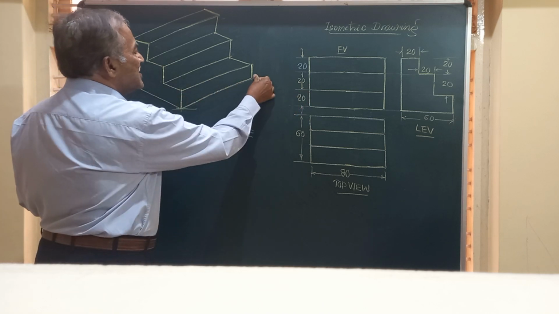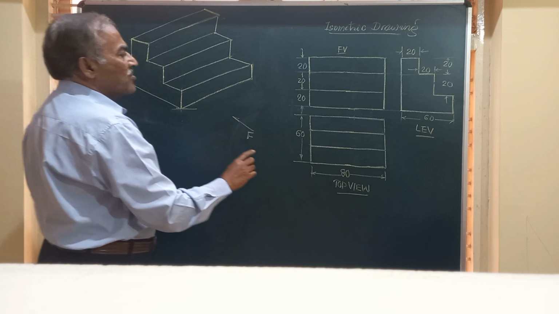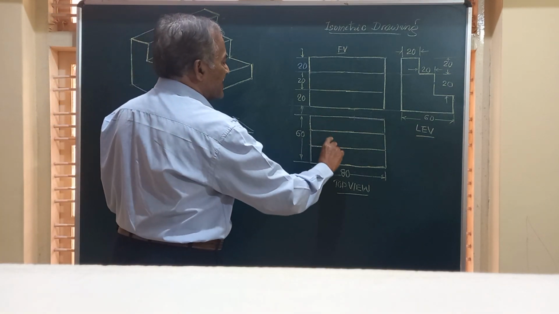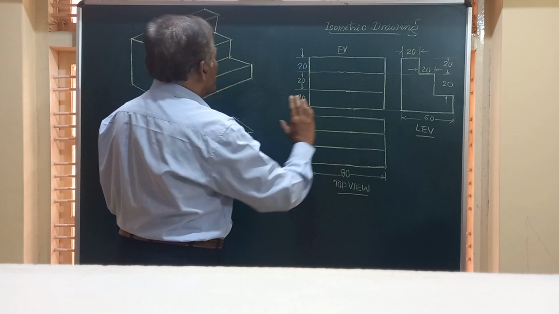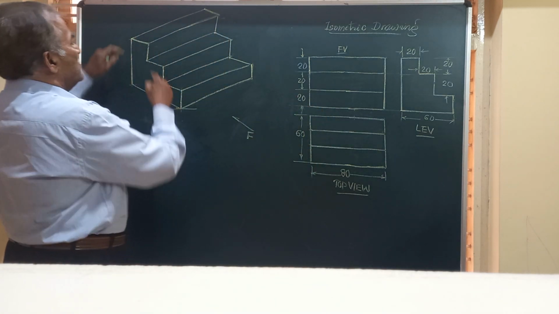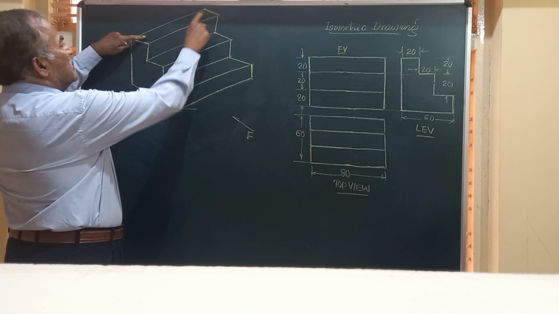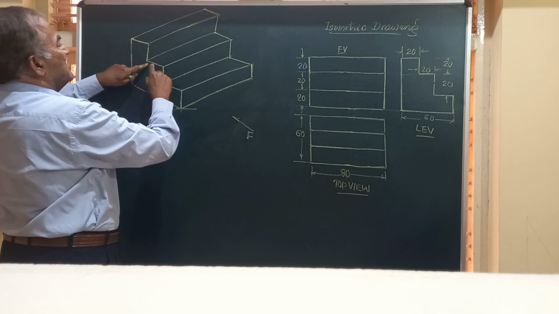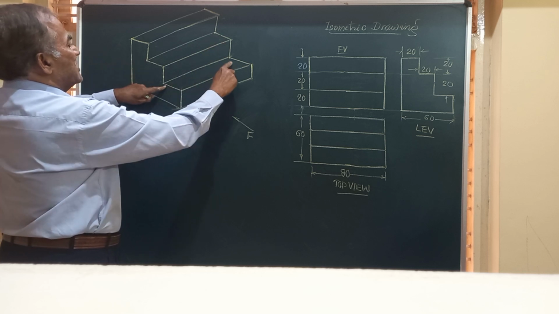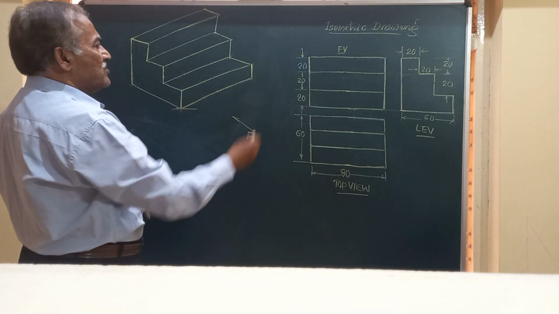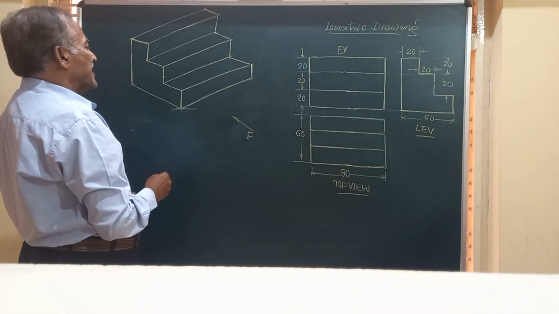Likewise, in the top view also we have three similar rectangles of length equal to 80, width equal to 20. The first one is here, first rectangle 80 by 20, second rectangle 80 by 20, third rectangle 80 by 20. So both the views are tallying.